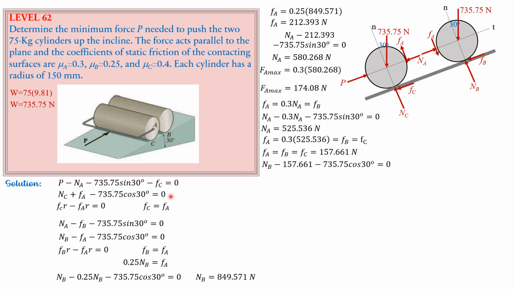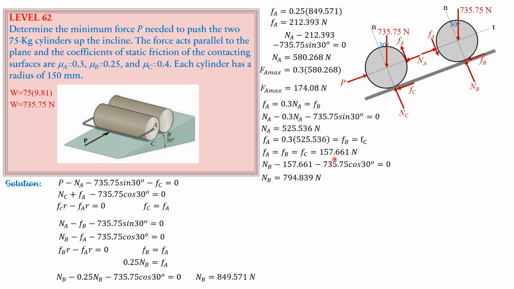NB minus FA minus 735.75 cosine 30 degrees equals 0. So NB is equal to 794.839 newtons.